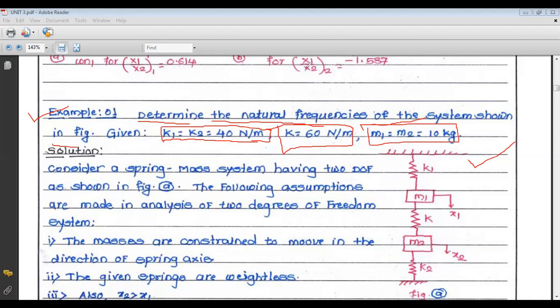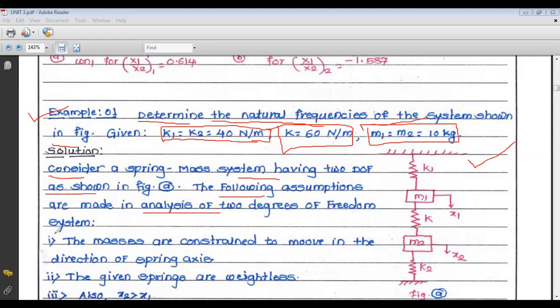So solution. We are going to start our solution. Consider a spring mass system as shown in the figure having 2 degrees of freedom, because it has 2 masses and it requires 2 independent coordinates, that is x1 and x2. The following assumptions are made while analyzing a 2 degrees of freedom system.